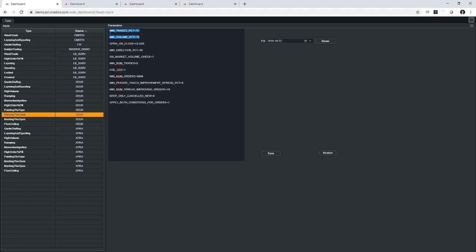Let's take a look at what parameters are available for marking the close and similarly for fixed manipulation. The top two parameters are the mean trades percentage and mean volume percentage, which let you control how much of the total trading volume your flow needs to be responsible for in order for an alert to be raised.